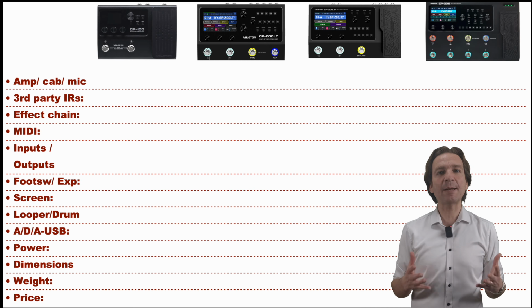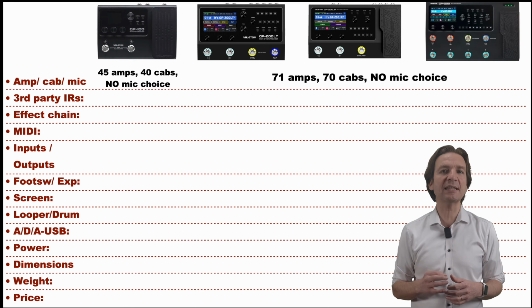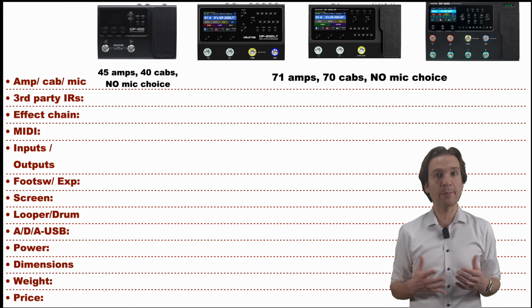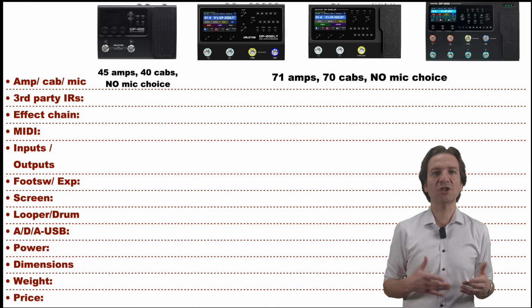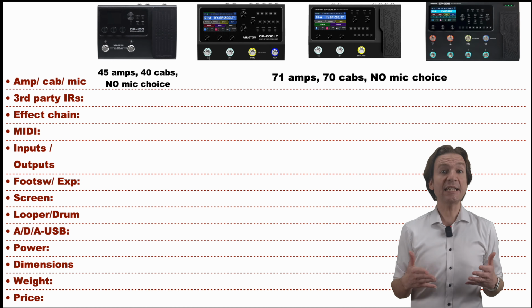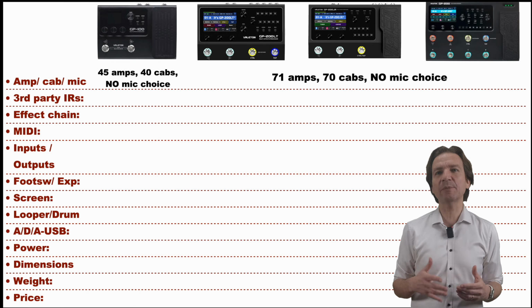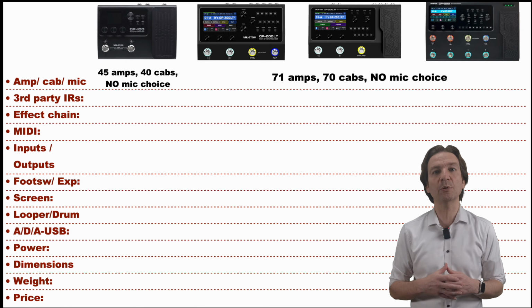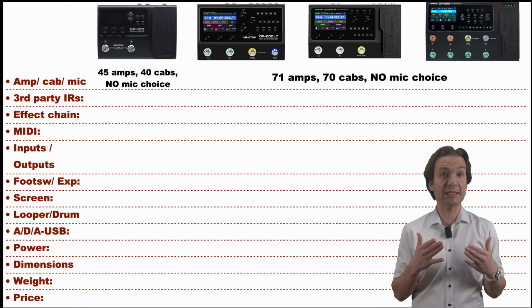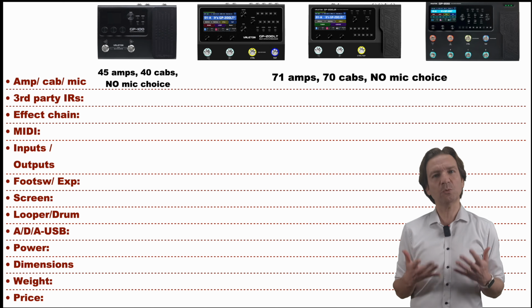In terms of amps, cabs and mics, the GP100 has 45 amps and 40 cabs available, where the other units share 71 amps and 70 cabs. With neither of the units can you choose the mic or its position across the cabinet, which is something I miss in terms of sound shaping possibilities, as I think that the mic and its position across the cab is really important.